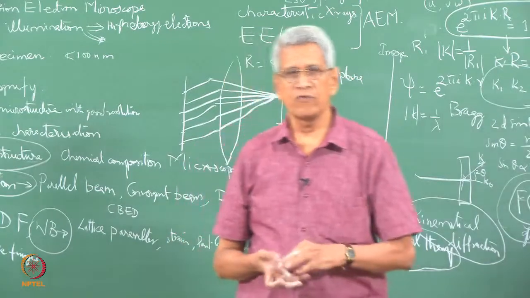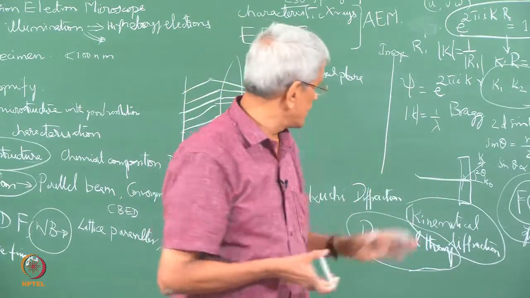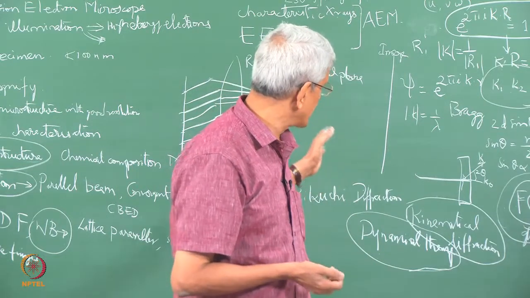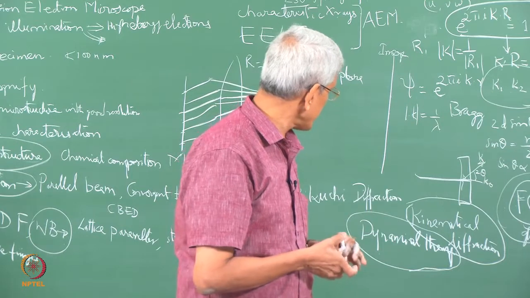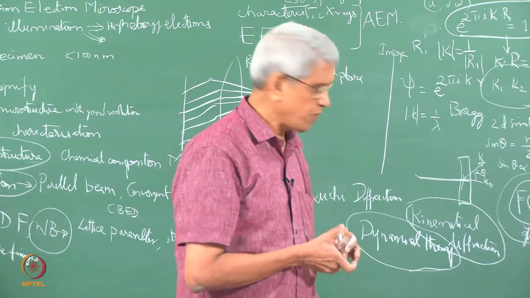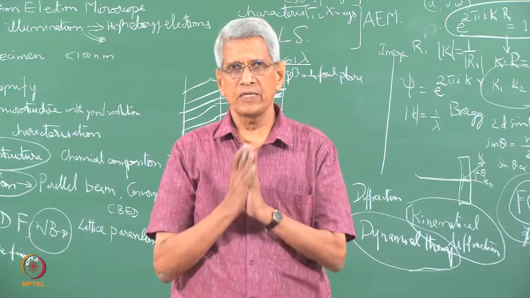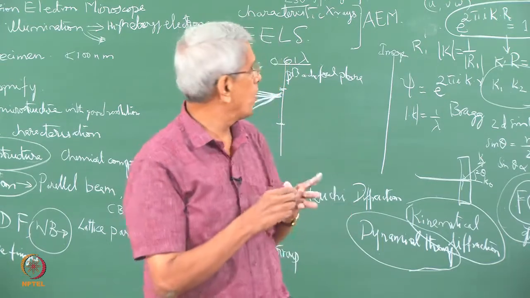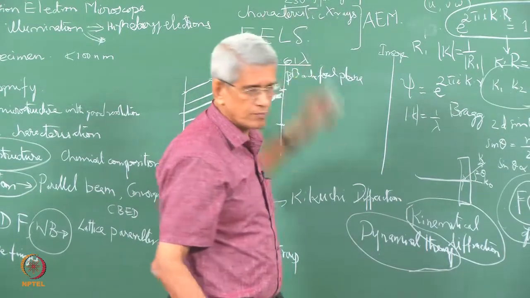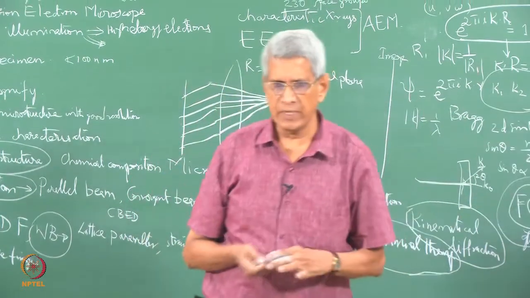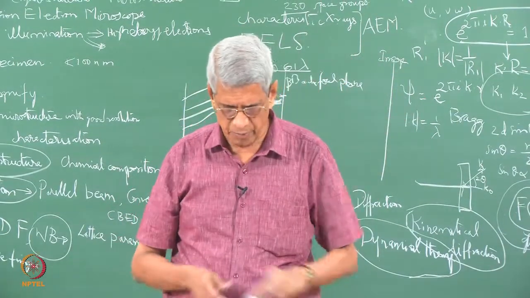Because of all this, the conventional electron diffraction pattern is not used for determining crystal structure information like point group and space group symmetry. But looking at the symmetry, we can get some information about the crystal class, the 7 crystal systems to which it belongs; all this information we can obtain in an electron microscope.